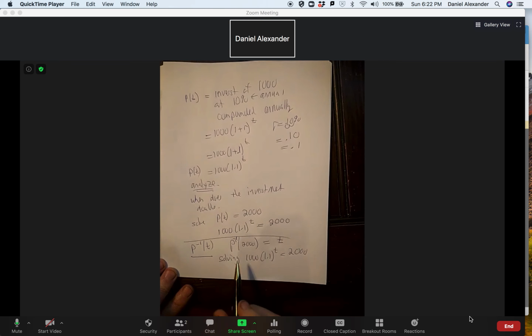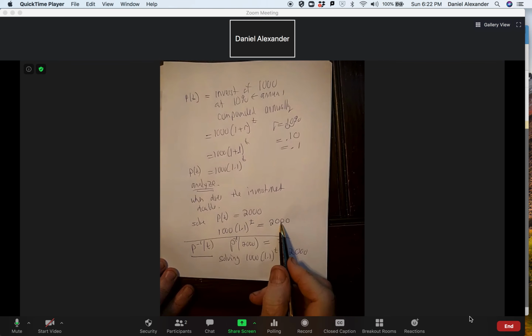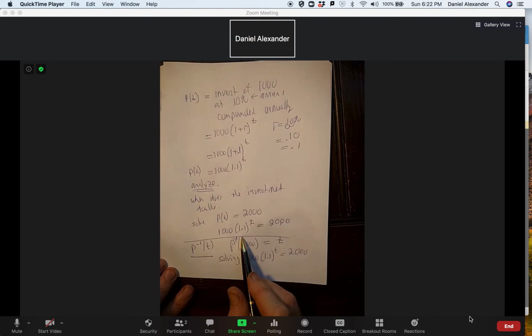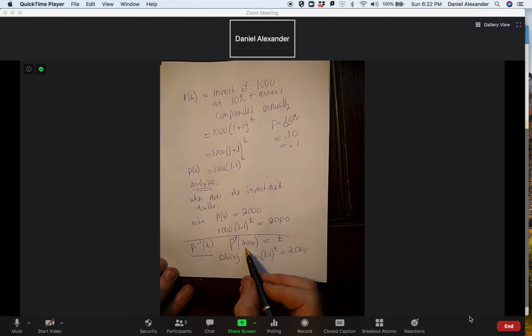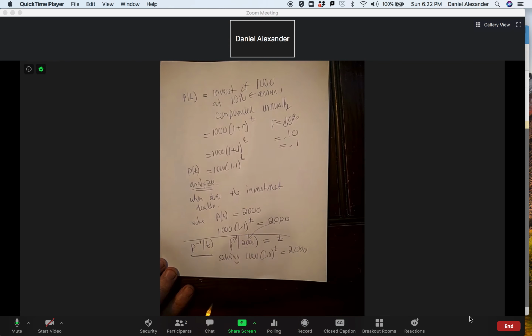That's what an inverse does. It gives you back the t you started with. We start with some t that doubles our investment, so we want to find out what that t is. Well, we find the inverse of P, plug in the number 2,000, and we're going to get back our answer.